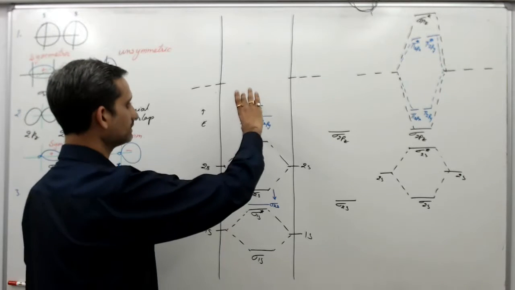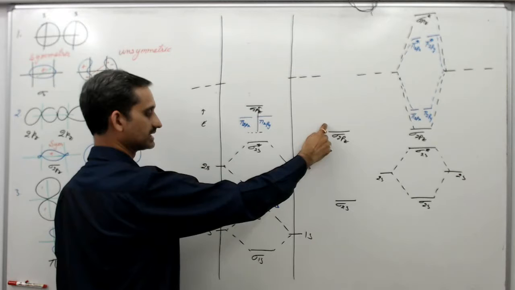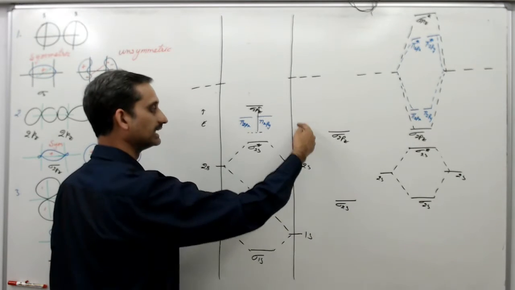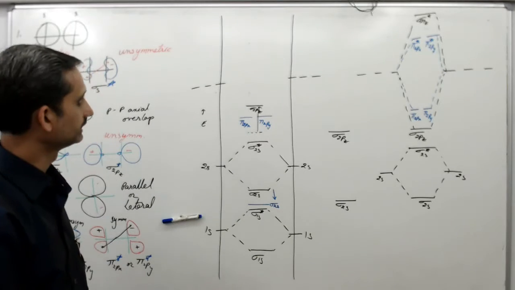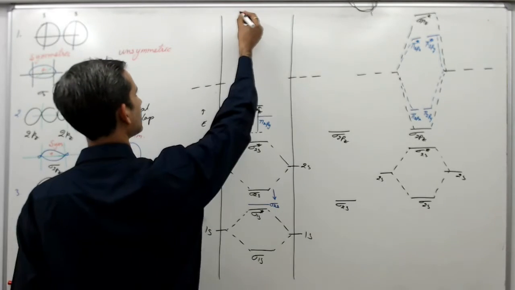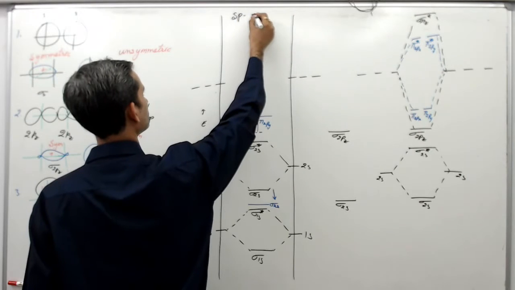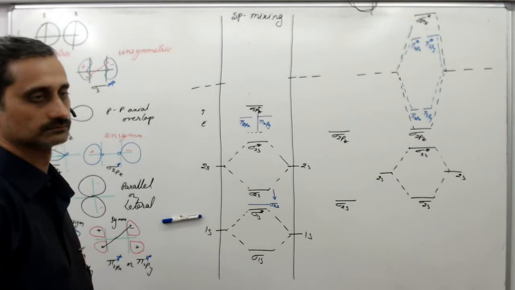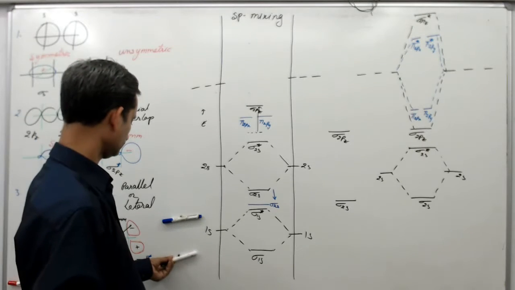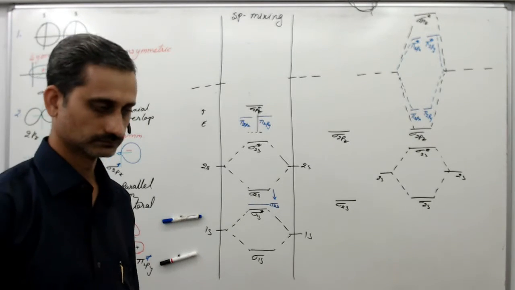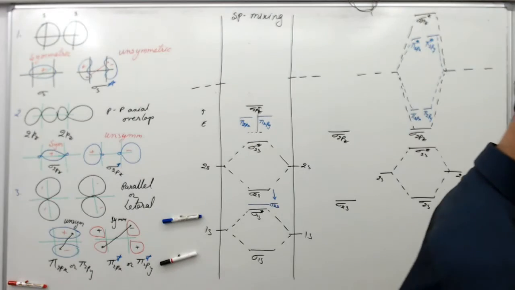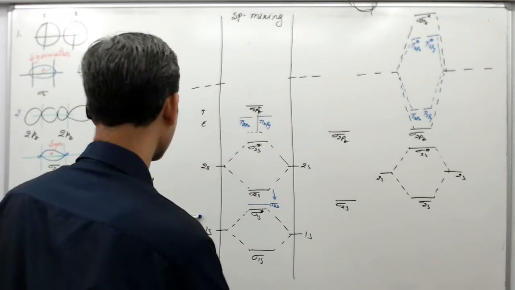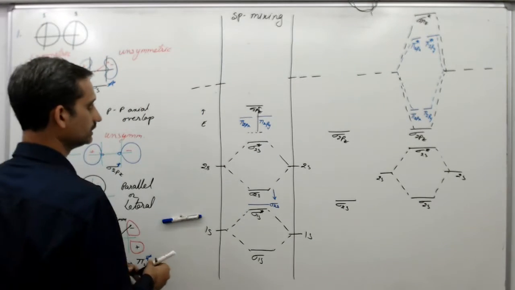Now, why has this happened? Because the sigma 2pz has merged with sigma 2s. They have identical region of probability. And this is what we term as SP mixing.